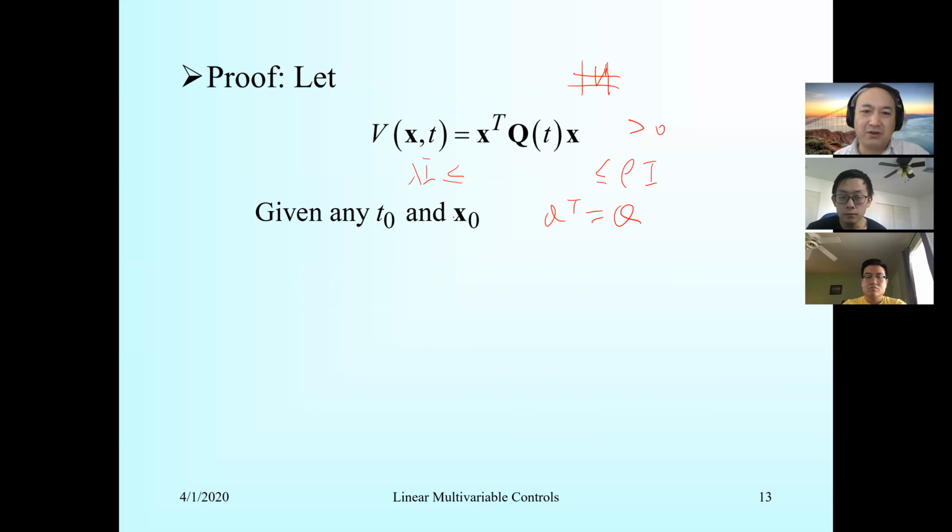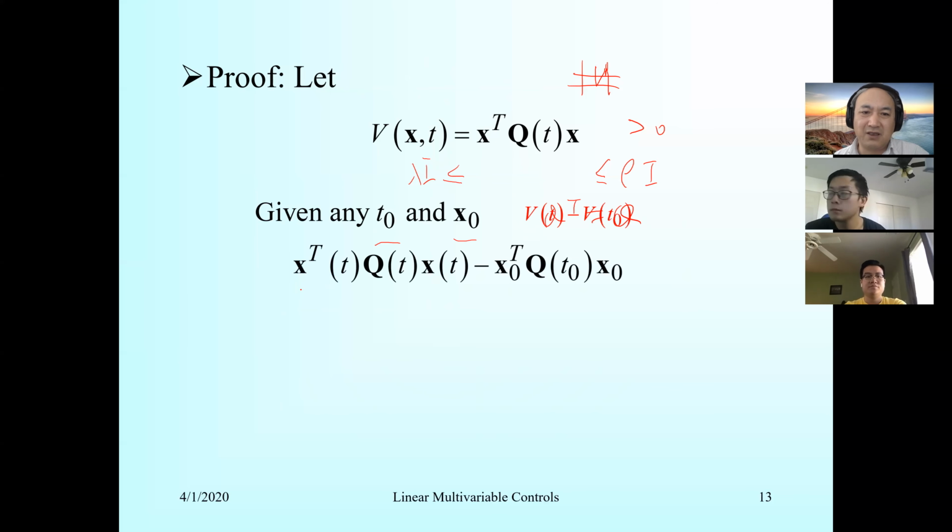So you start with the initial state, the initial time. Then we check V(t) minus V(t0). This is V(t), this is V(t0). We see whether this will decrease.